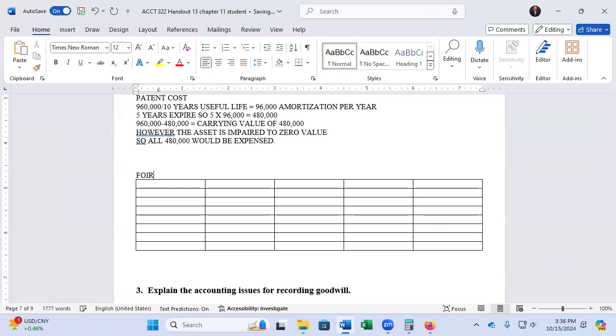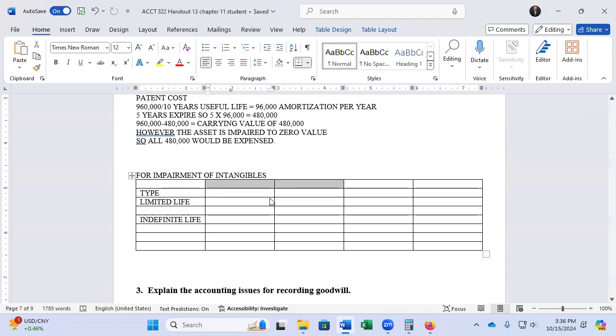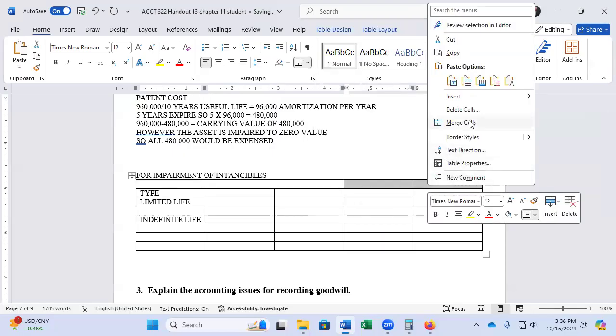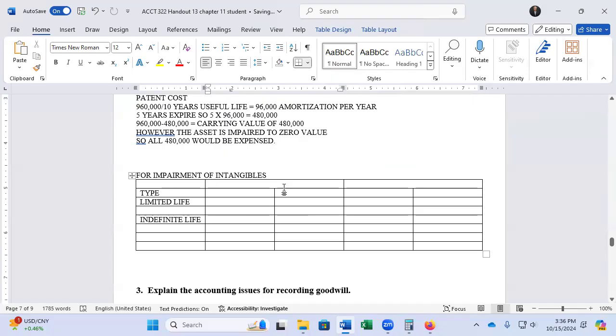So for impairment of intangibles, I'll put together this little table for you so you have it as just kind of a quick study guide.